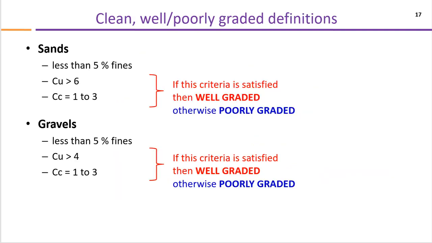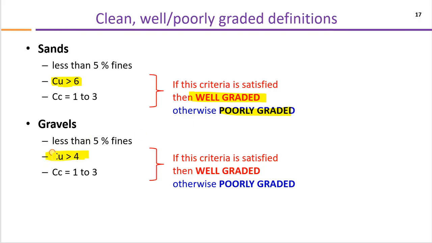Okay, so in the unified soil classification, in case of sand, if Cu is more than 6, then we say that it is well graded soil. If it is less than 6, it will be called poorly graded. For gravels, this threshold is 4.